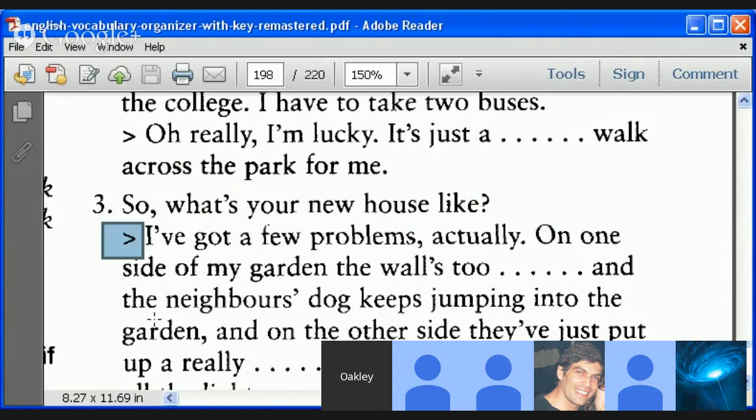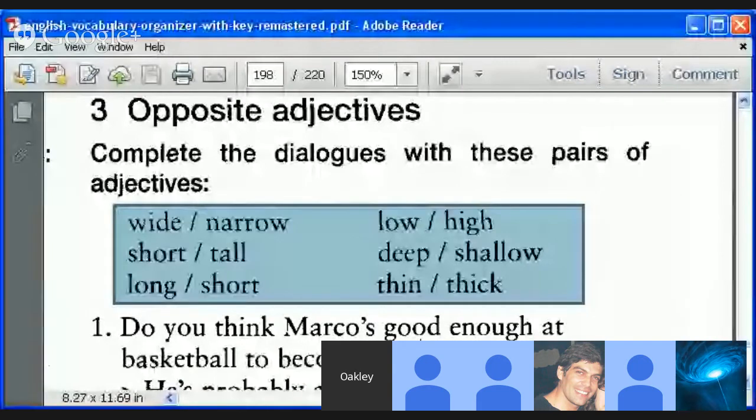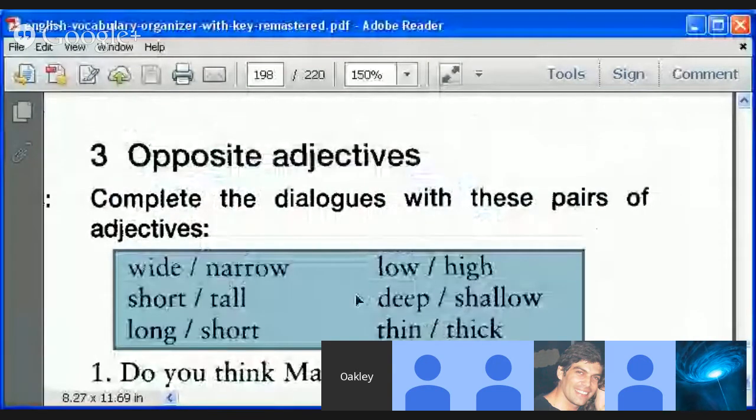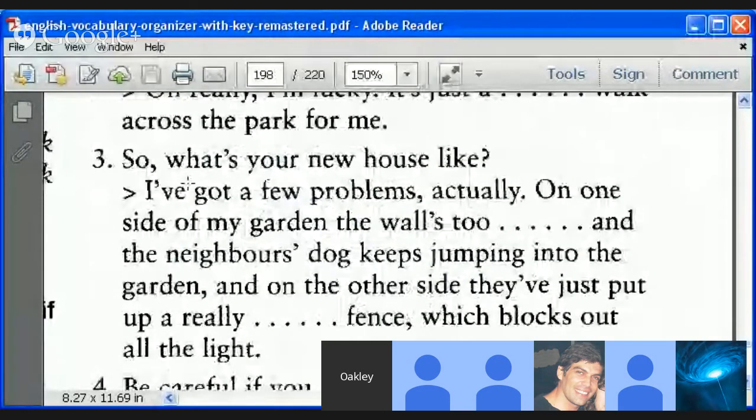Sorry, I was muted. I have to put the correct word in the blank? Yeah, that's right. Here are the words. They're all adjectives dealing with size and shape. So, what's your new house like? I've got a few problems actually.